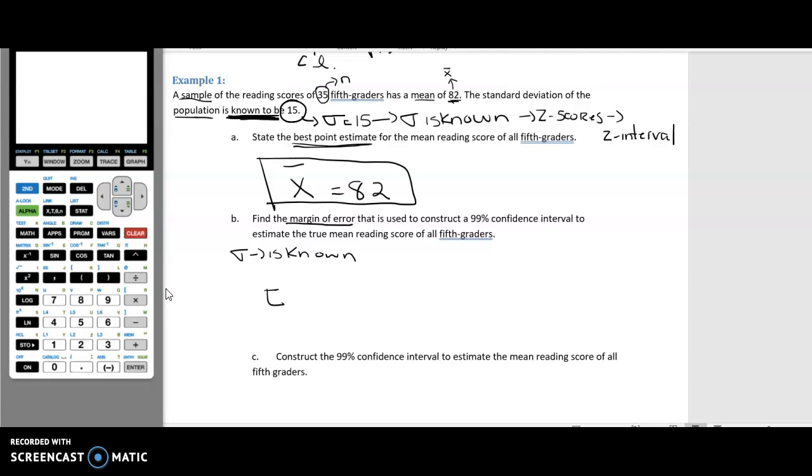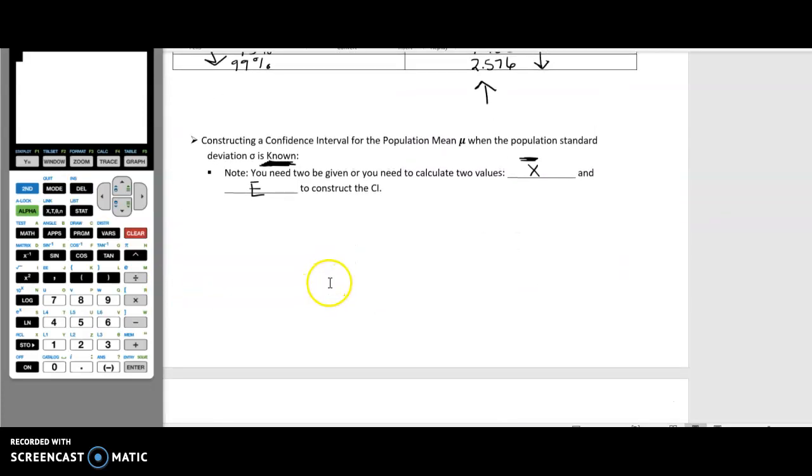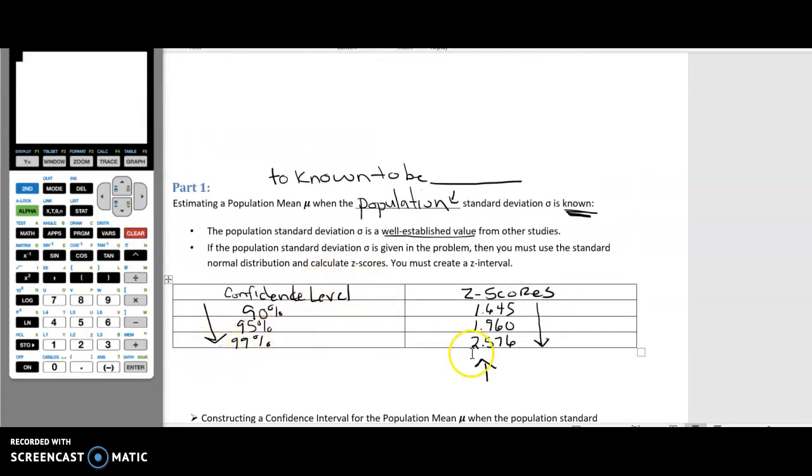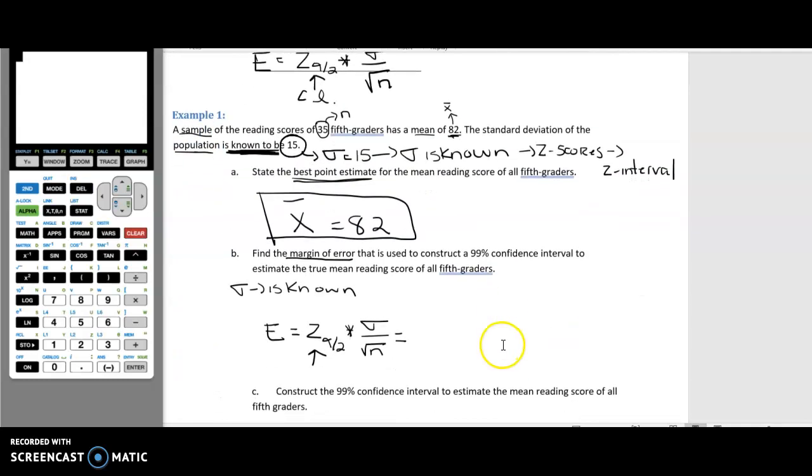And so we're going to use this formula for margin of error that involves the z-score and also involves sigma. So we have to plug in our information. The z-score comes from the table above. We are at a 99% confidence level, so the z-score that corresponds to that is 2.576.